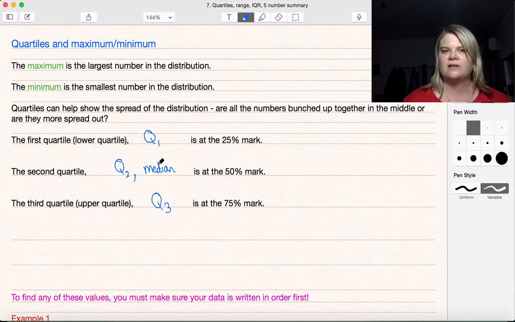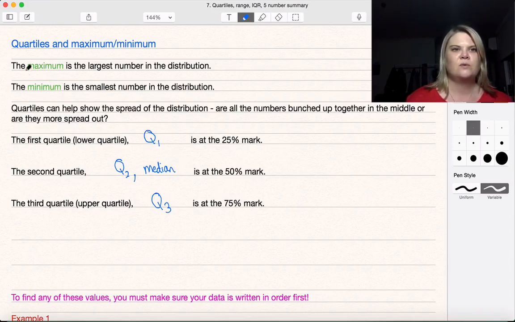So that one's there, and that's the median. I did forget to mention before that the third quartile, Q3, is at the 75% mark. So these quartiles, the word quartile has quart in it, which represents the 4, because we're breaking the whole distribution up into 4. So let's look at a diagram.